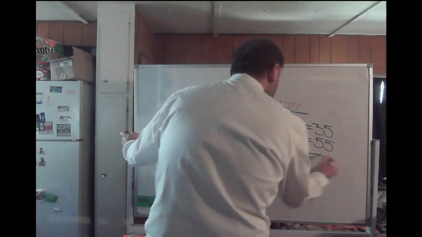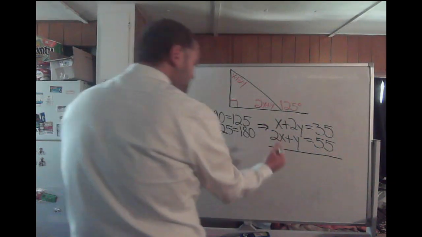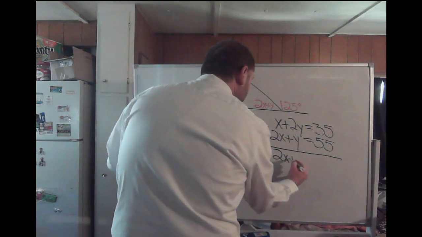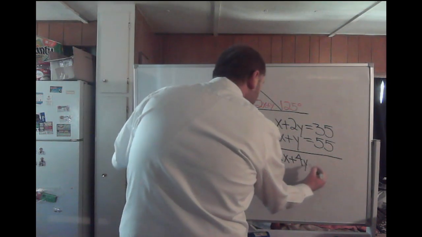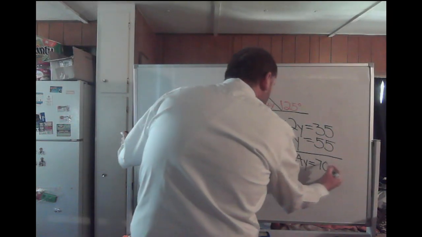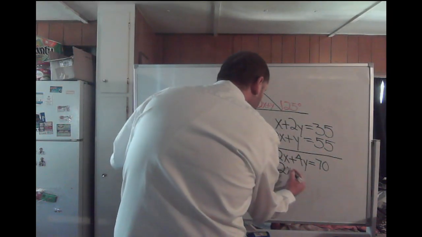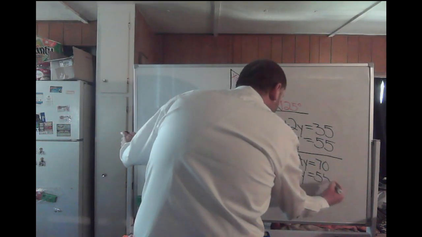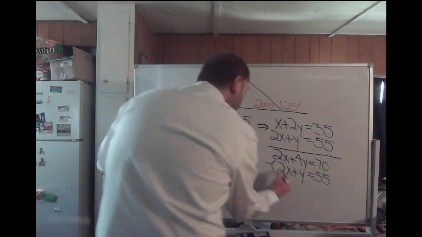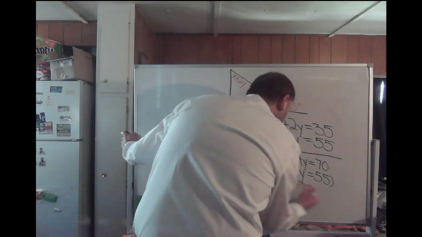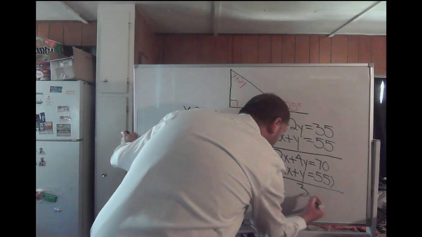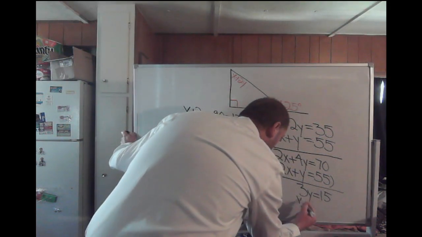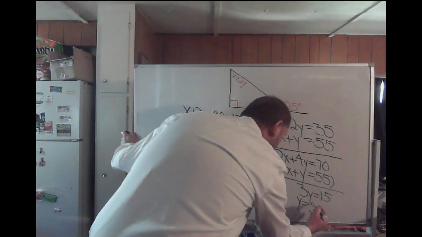The thing I would do, multiply the top equation by 2, you'll get 2x plus 4y equals 70. Then you keep your bottom one, 2x plus y equals 55. So go ahead, subtract your bottom equation. You'll end up getting 3y equals 15, which then means y would equal 5.